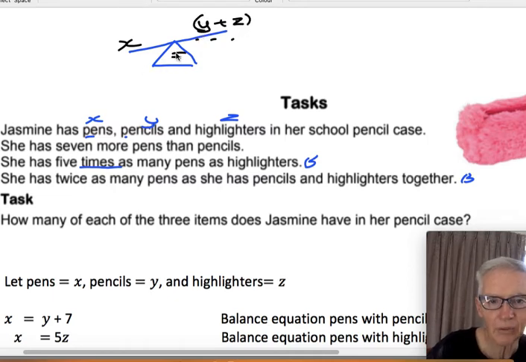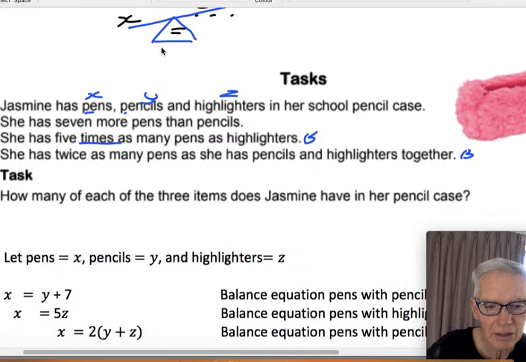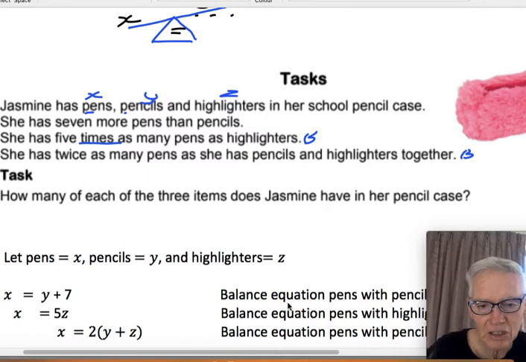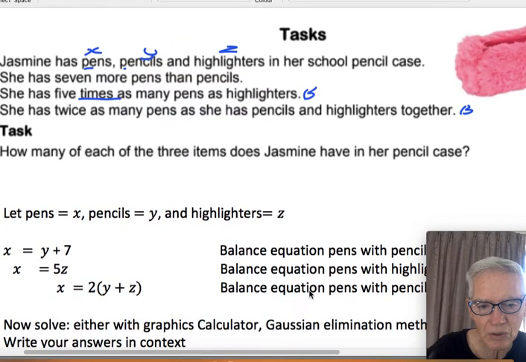And to make it equal, we have to double something. So do we double the left or the right? If you said the right, you're correct, because that would make it balanced. And there are our highlighters. So you might have to rearrange these and solve them in a different way, line up the equal sign, etc. But there's a balanced equation with the pencils, a balanced equation with the highlighters.